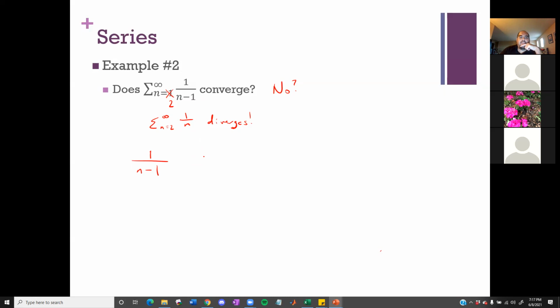If I want to compare it to 1 over n, this thing right here definitely diverges. So if I want to prove that the series 1 over n minus 1 diverges, how do these sequences need to be related to each other? How does 1 over n minus 1 need to be related to 1 over n?